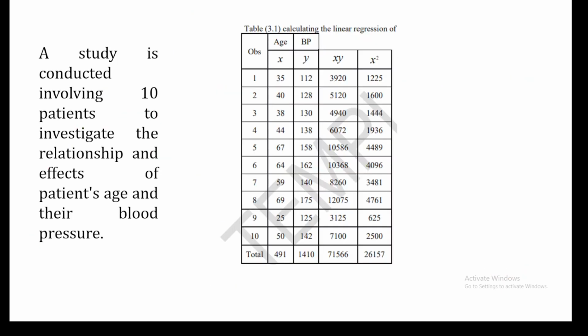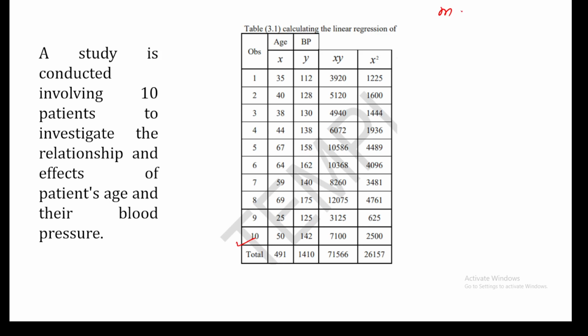Okay, so we have one more question. A study is conducted involving 10 patients to investigate the relationship between patient age and their blood pressure. So we again have 10 observations. Same thing, nothing new. Now you have to calculate the linear regression.